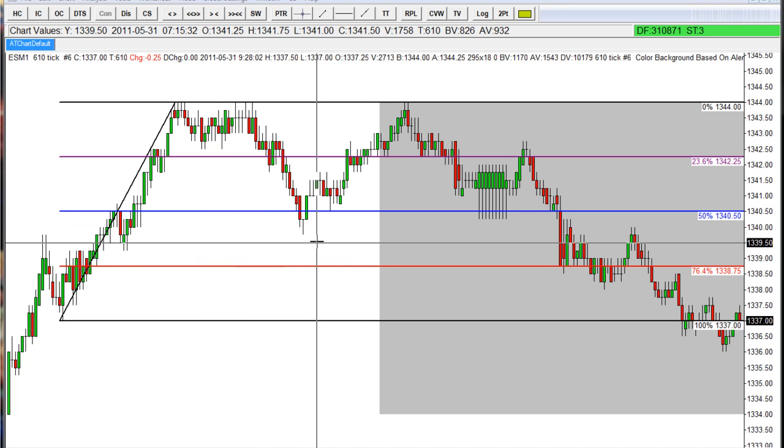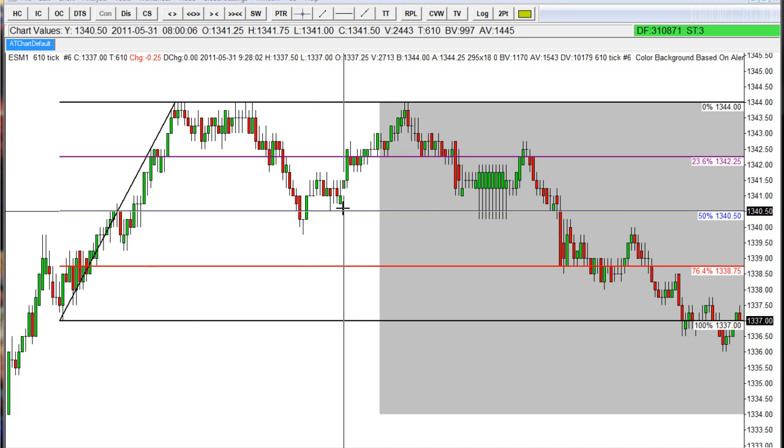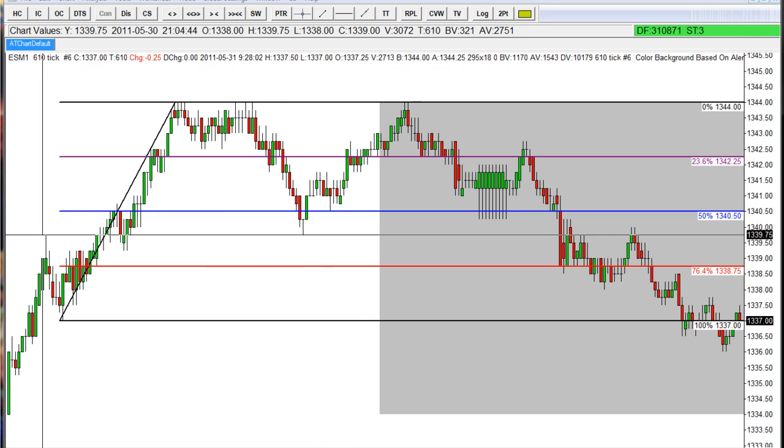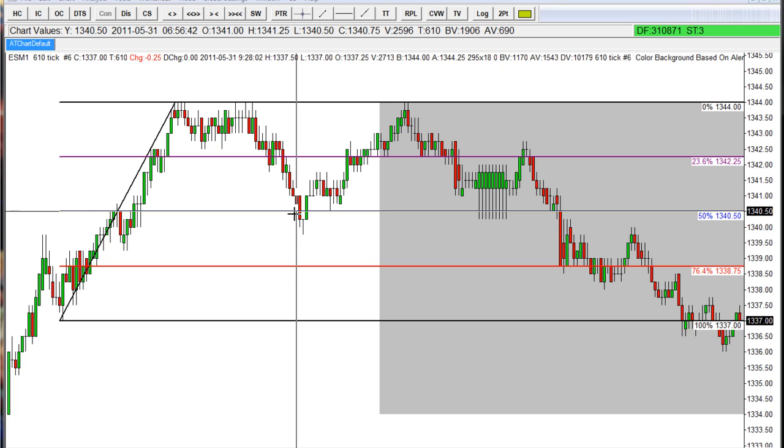Okay, the entry level or the entry order I place at the 50% level. Now I know the 50% level is not a Fibonacci number, but both Gann and Wyckoff talked about the importance of the 50% retracements halfway back, and therefore that is where I usually enter my trades.